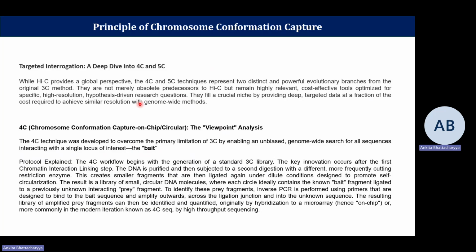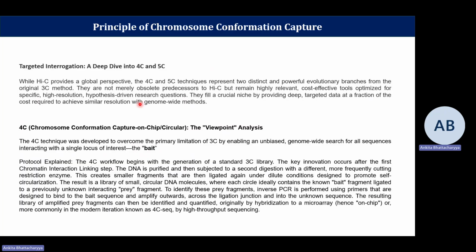The 4C and 5C techniques represent two very distinct and evolutionarily very powerful branches from the original 3C methods. They are not just predecessors to Hi-C, but to date are extremely relevant and much more cost effective, because the scope, or the umbrella, that Hi-C as a method encompasses is immense.